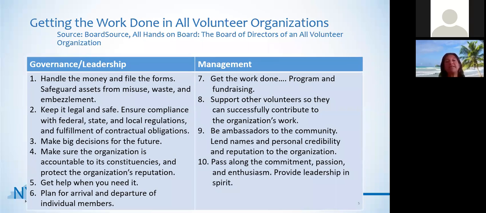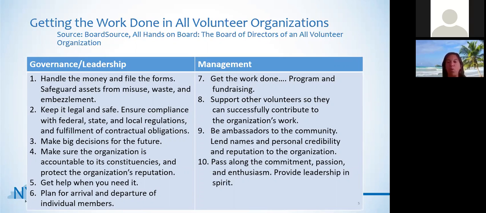I think that this distinction is also really important when we talk about board recruitment and we talk about making sure that you're communicating clear expectations to potential board members. Because when some prospective board members are thinking about joining a board, they think about their role in governance and leadership, right?